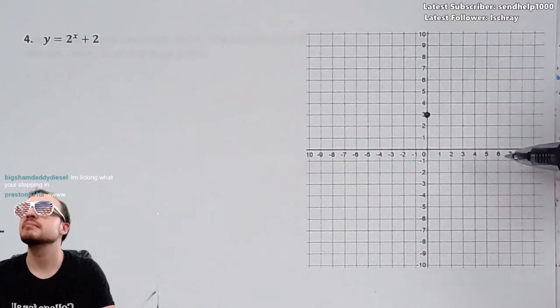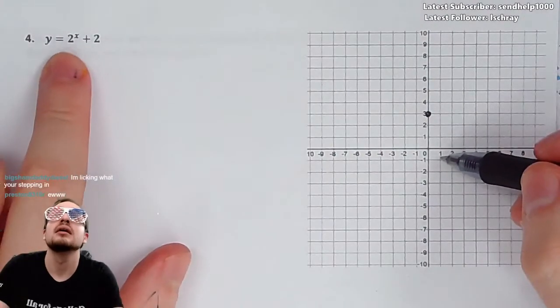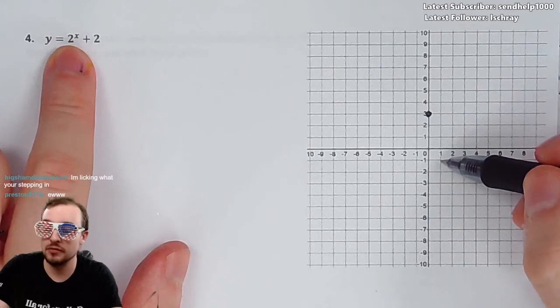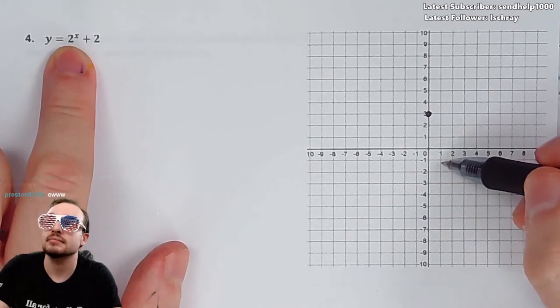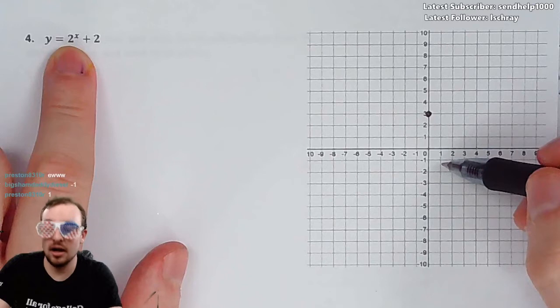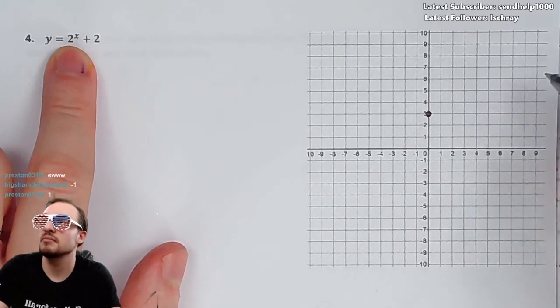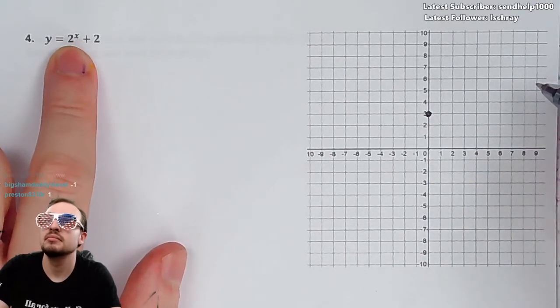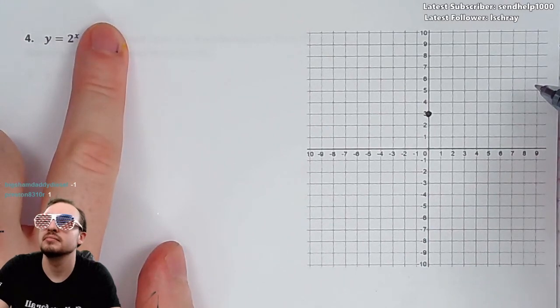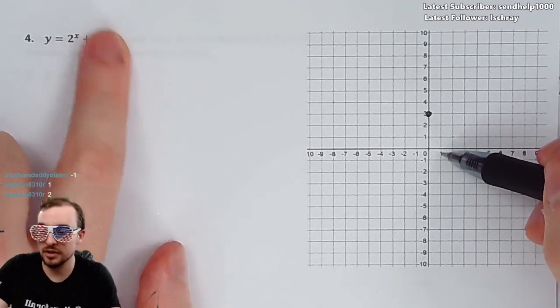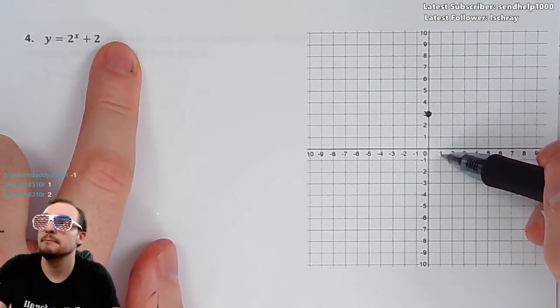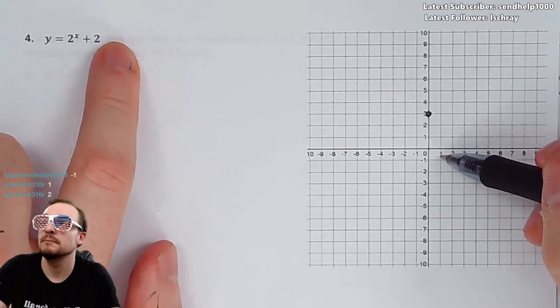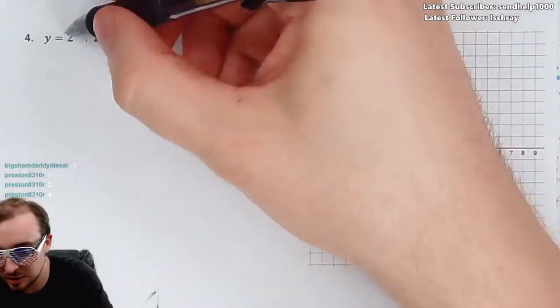0 gets 3. If I plug in 1, what's 2 to the 1st? When I plug in 1, I get 2 to the 1st, which is 2.